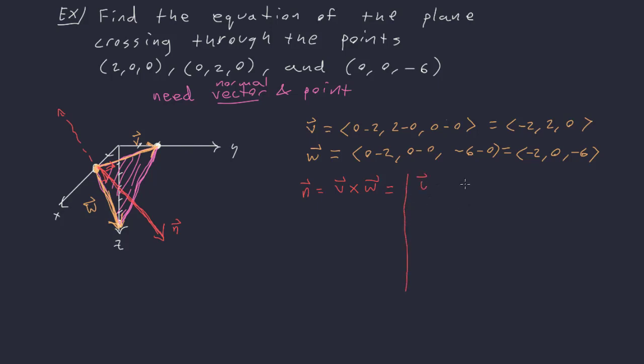So we will calculate the cross product. Okay, so we will put in our v, which is -2, 2, 0, our w, which is -2, 0, -6, and copy down our first two columns.